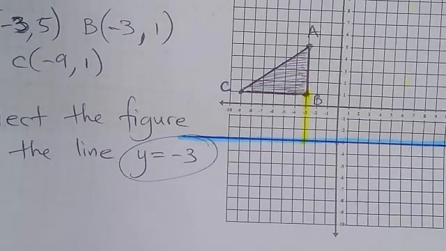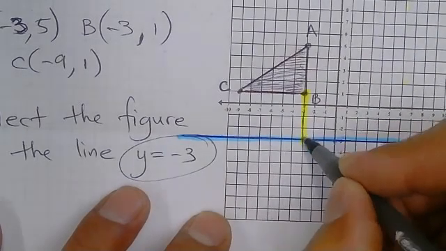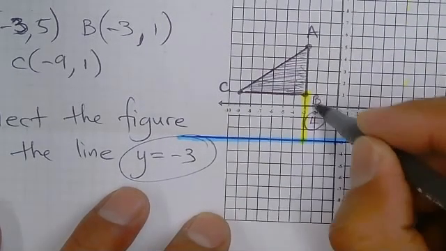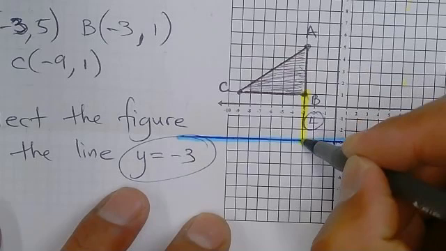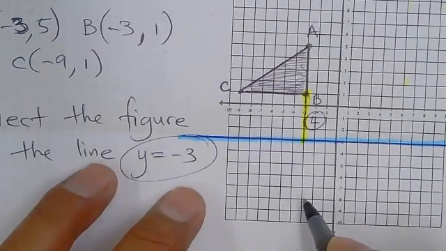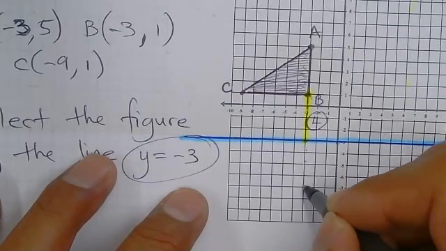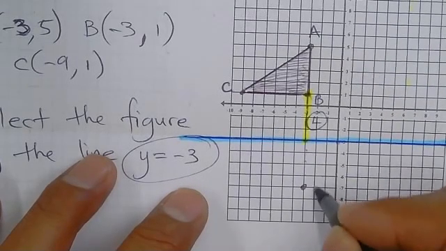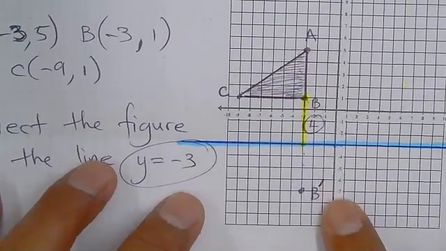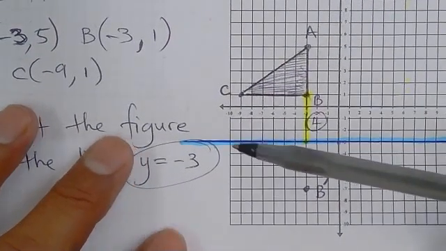Count from point B, how far is it from that line? 1, 2, 3, 4. If I have to go 4 this way, I also have to go 4 on the other side. This is where B prime should be. Remember, this is the pre-image. This one's the image.